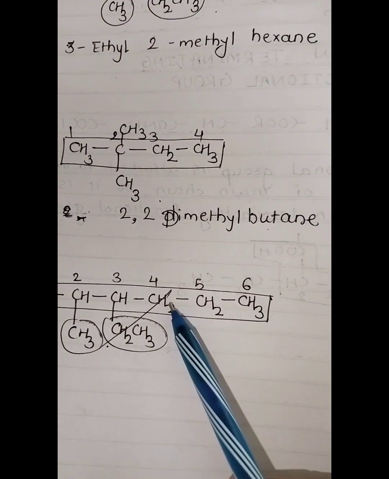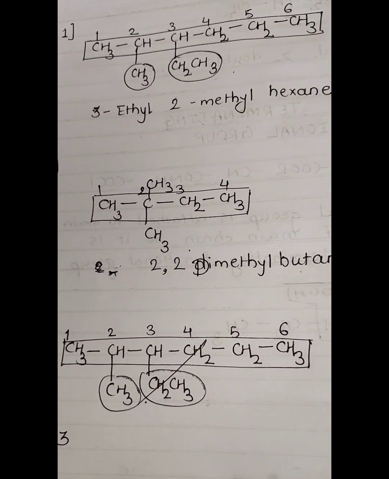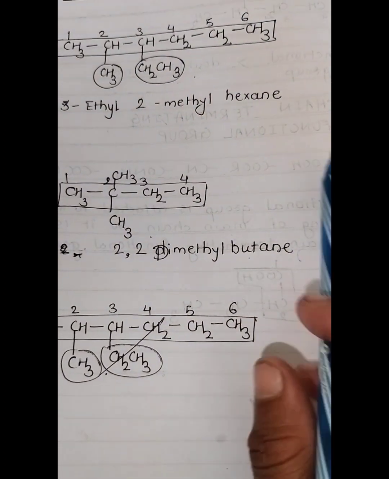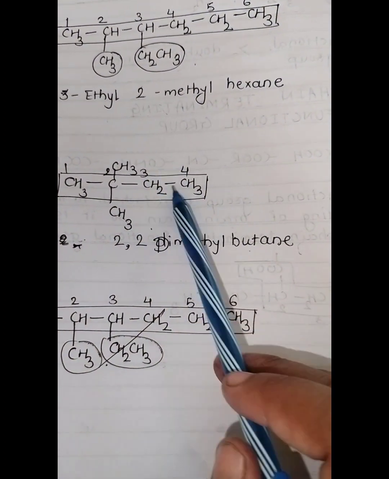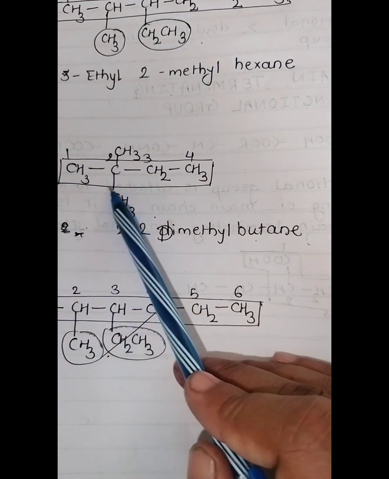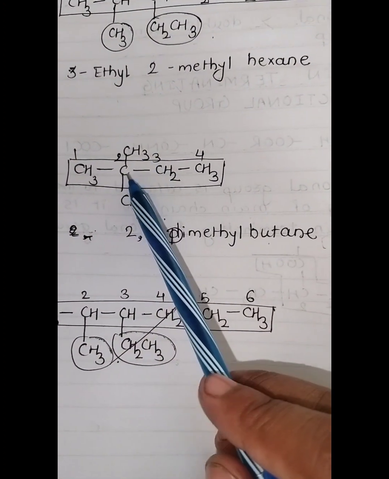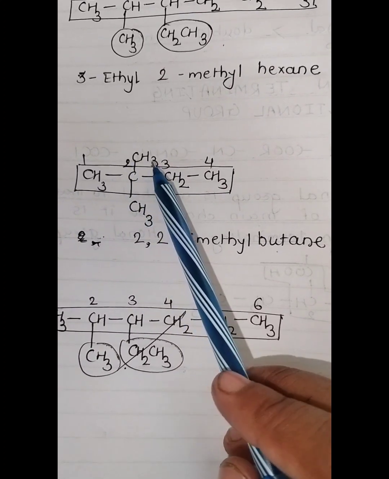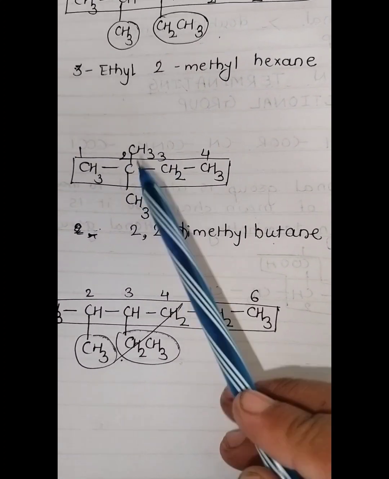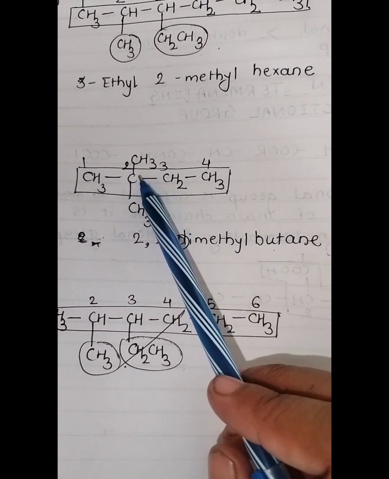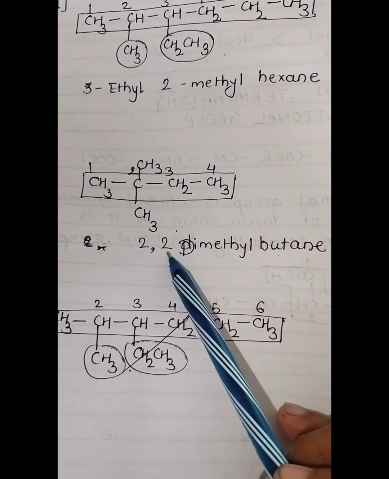In the second compound, this is our main chain or parent chain, and in the second carbon there are 2 methyl groups present, so we name this compound 2,2.